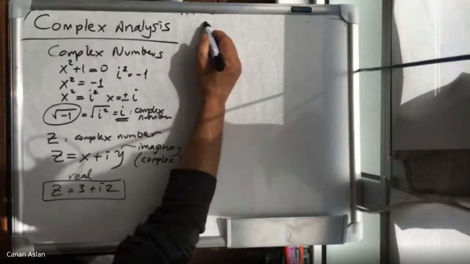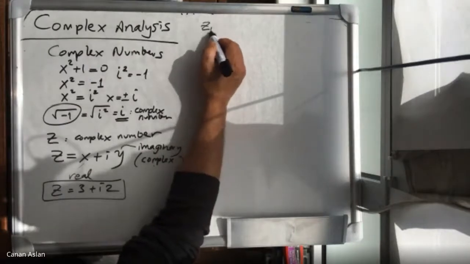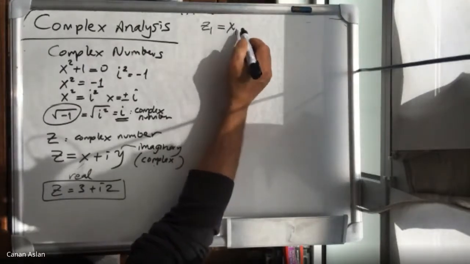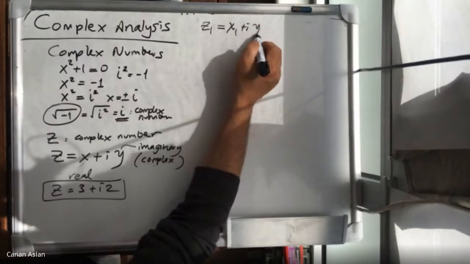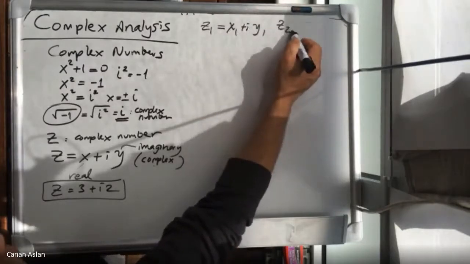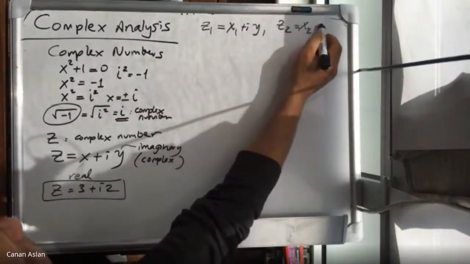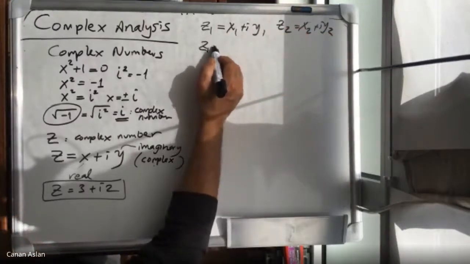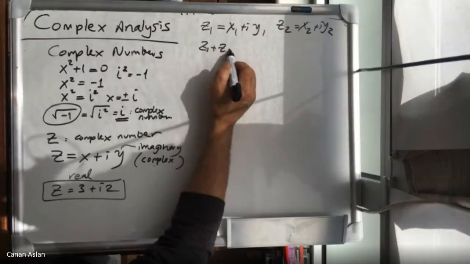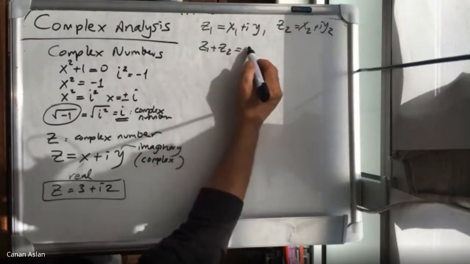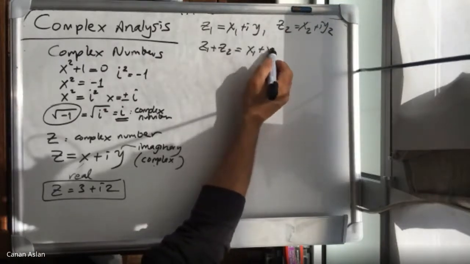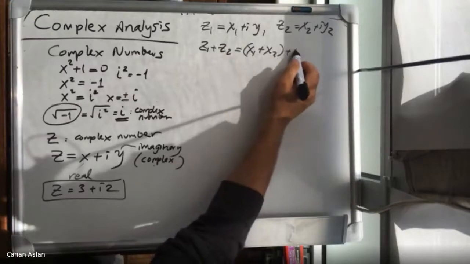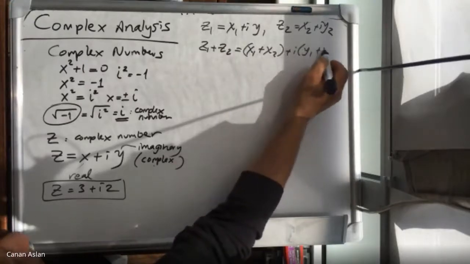So we can now start by doing some operations between two complex numbers. One is just if z1 is given by x1 plus i y1 and z2 as x2 plus i y2, then z1 plus z2 will just give you x1 plus x2 plus i times y1 plus y2.